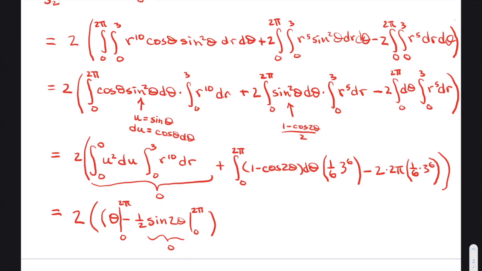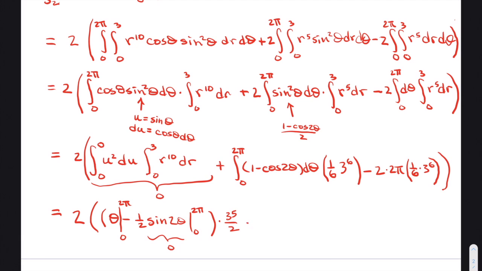Okay. And then 3 to the 6th over 6, couldn't we say that's 3 to the 5th over 2? So it'll be times 3 to the 5th over 2.